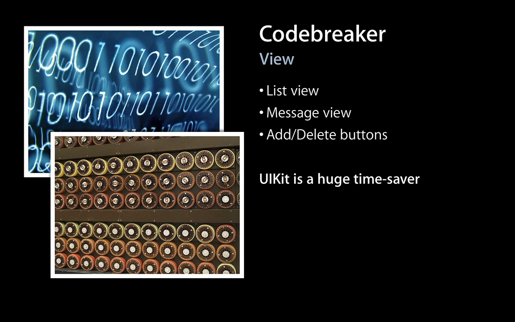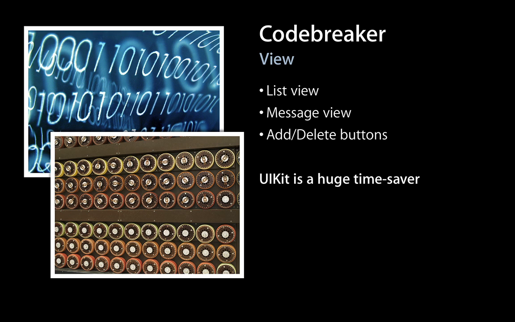Now, when you go to the view, you might imagine that such an application might show you a bunch of ciphertexts in a view, might give you progress indications, things like that, add and delete buttons, and what all. Now, in a lot of cases, you don't want to necessarily focus a lot of your work here. Instead, what you want to do is lean on UIKit as much as you can.